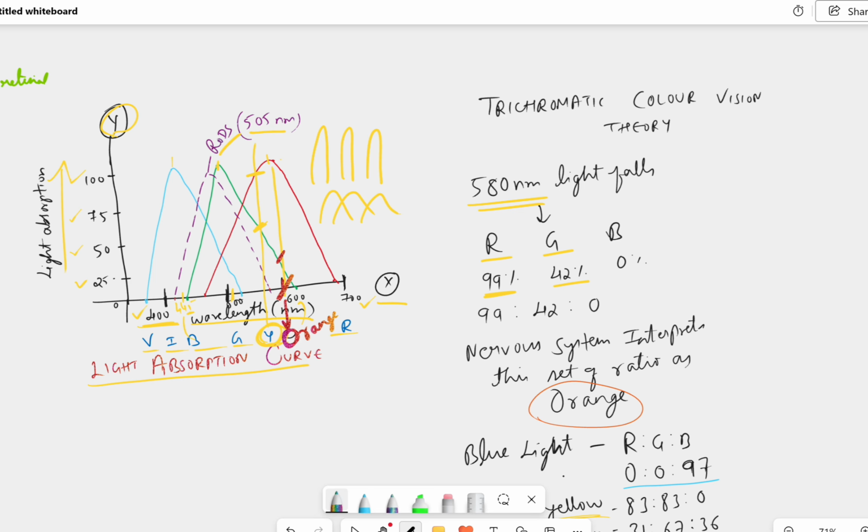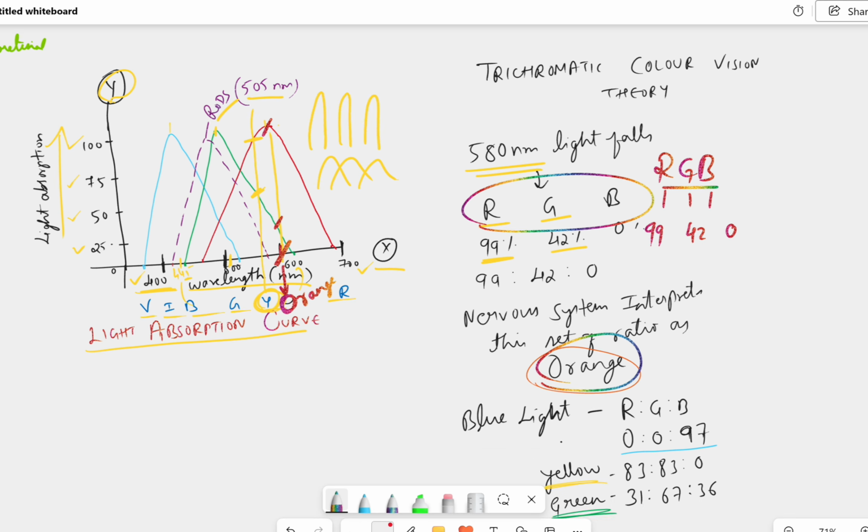Because there is about 42% stimulation of green cones and 99% stimulation of red cones. An easier way to remember the order instead of RGB is RCB, Royal Challengers Bangalore, and instead of C you make it G. So this becomes RGB. This is the order in which our brain interprets the stimulus value for these three types of cones. So 99% red, 42% green, and no blue stimulation, so the brain will perceive it as orange color.